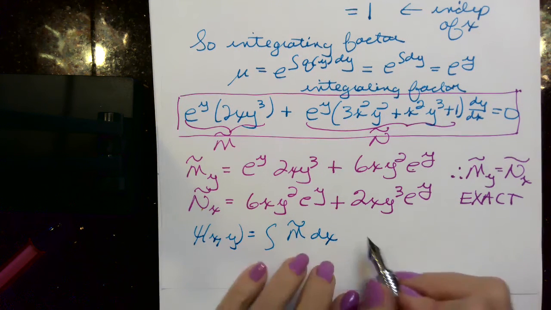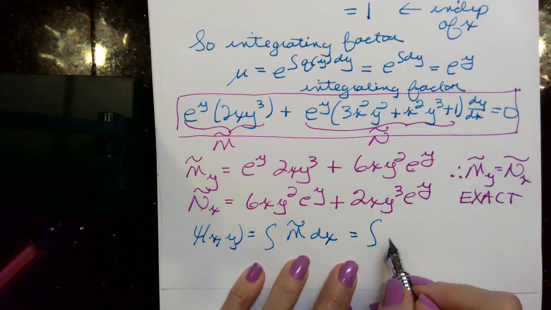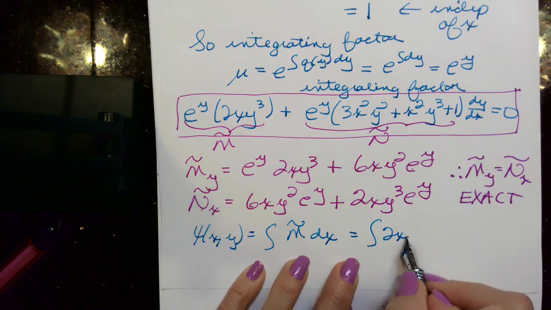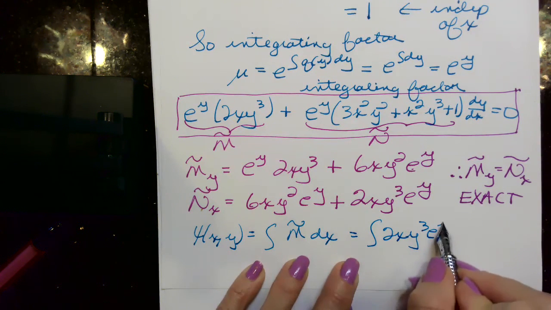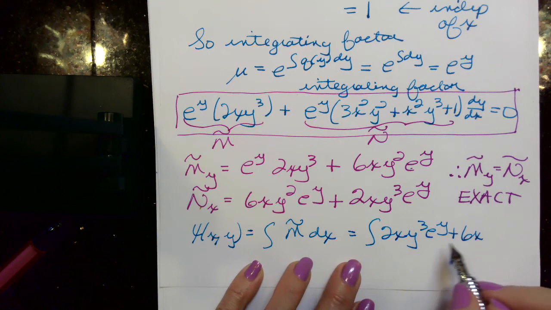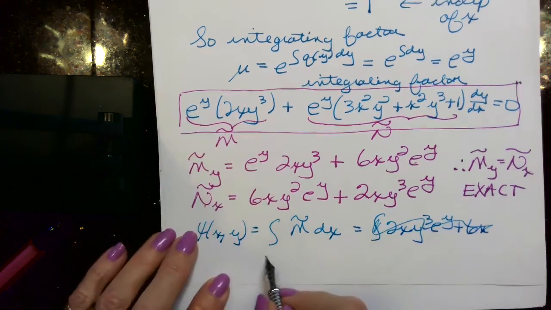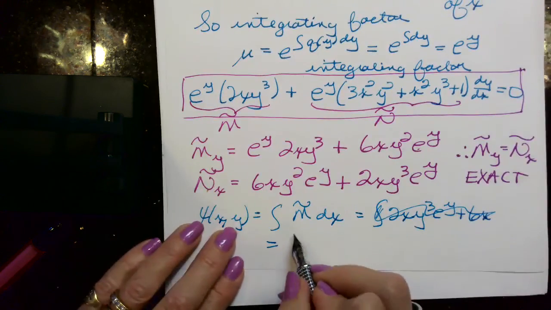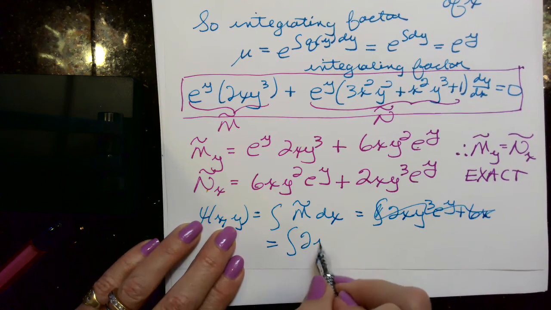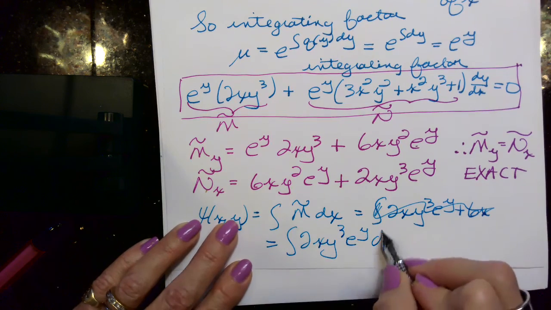So now I have to integrate m tilde, which is the integral of 2xy cubed e to the y dx.